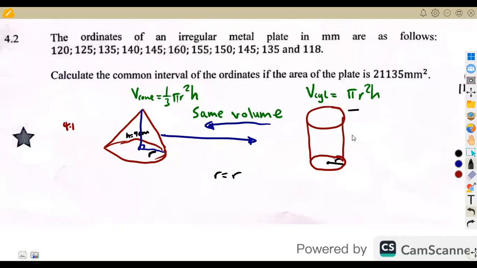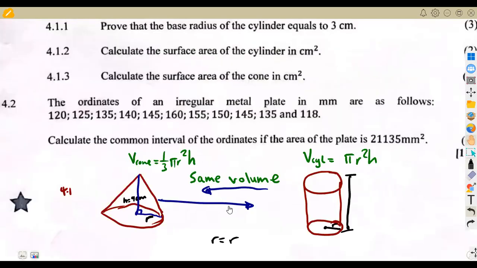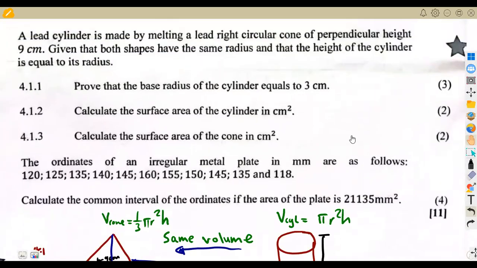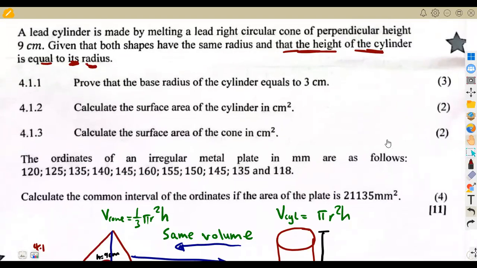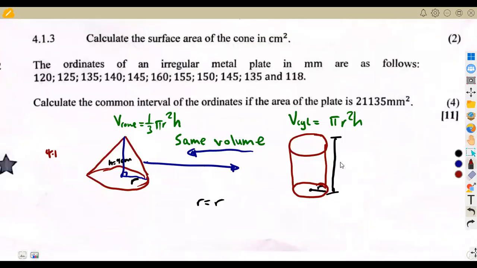But further on, they are mentioning the cylinder in more detail, that the height of the cylinder is equal to its radius. So they're also saying this height of the cylinder is equal to the radius. So this radius and this height are equal. That is what we are simply saying. All right, anyways, not a problem.